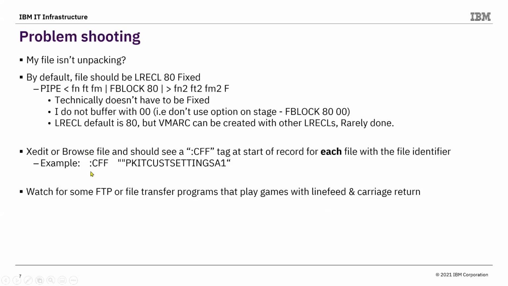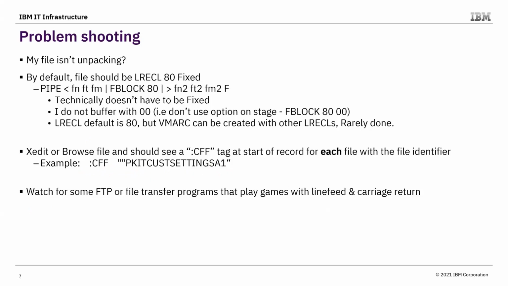When I browse a file or exedit a file, one of the things I'm going to look for is an eye catcher that starts out with :CFF and then some characters in there and then the file name, right? And so for each compacted file in an archive file, you'll see one of these strings here, and it should be at the start of a record, right? So that's a good clue.